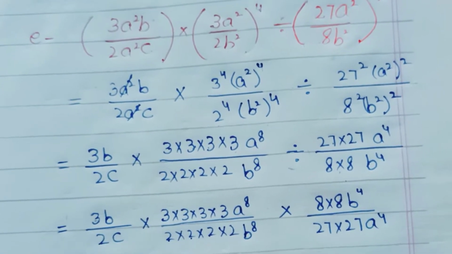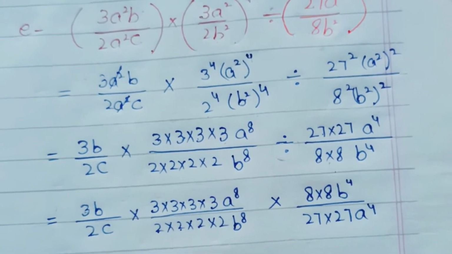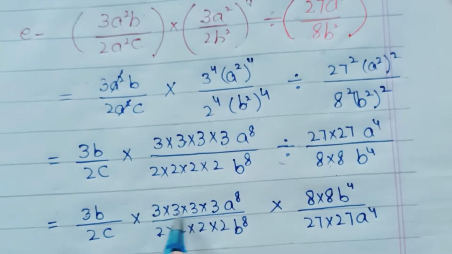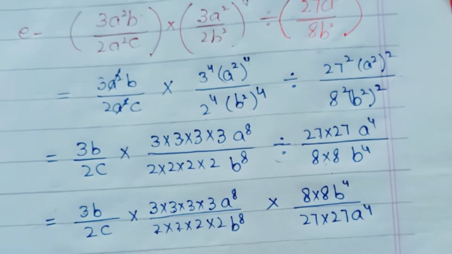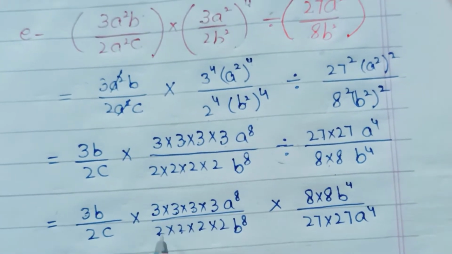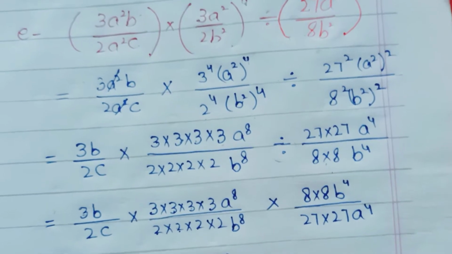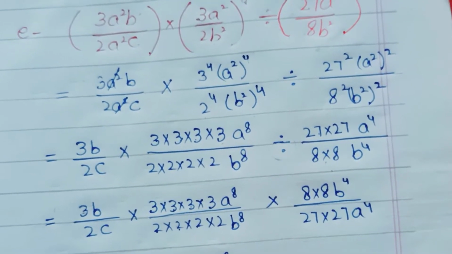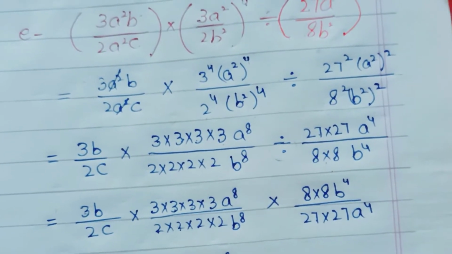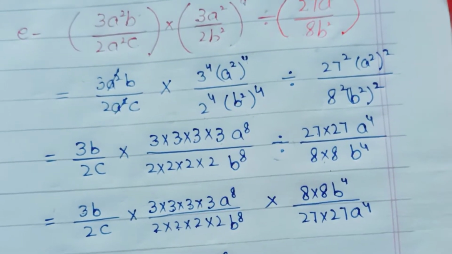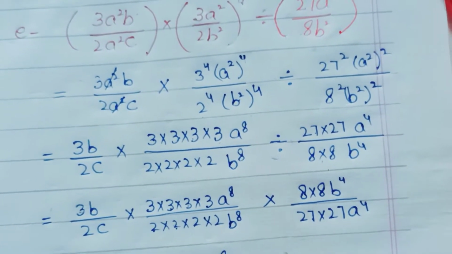Firstly I will write 3b over 2c multiply by 3 3s are 9, 9 3s are 27, multiply by 3a raised to power 8 over 2 to the 4, 2 4s are 8, 8 multiplied by 2, b⁸. Why am I going to write it like 27 and 8? Because here is 27 also and here is 27 also, and we can cancel it. So in this step I will cancel the terms.